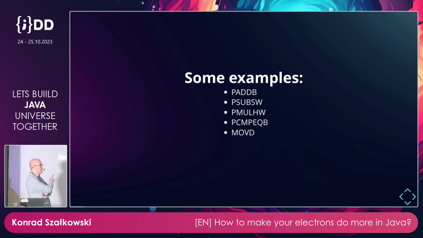What do the first three do? Can anyone guess? Yeah, addition, subtraction, multiplication. The fourth one, for me it was the hardest one to guess. Yeah, comparison, good. And the fifth one? Yeah, moving memory elements.